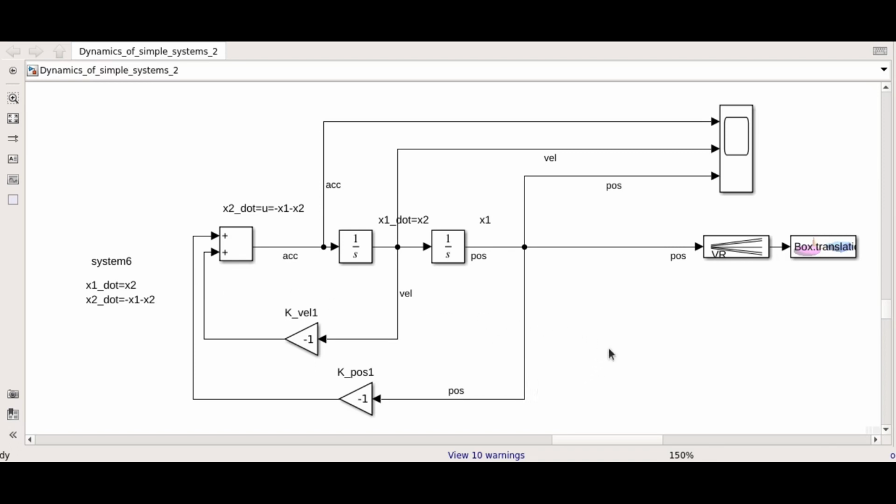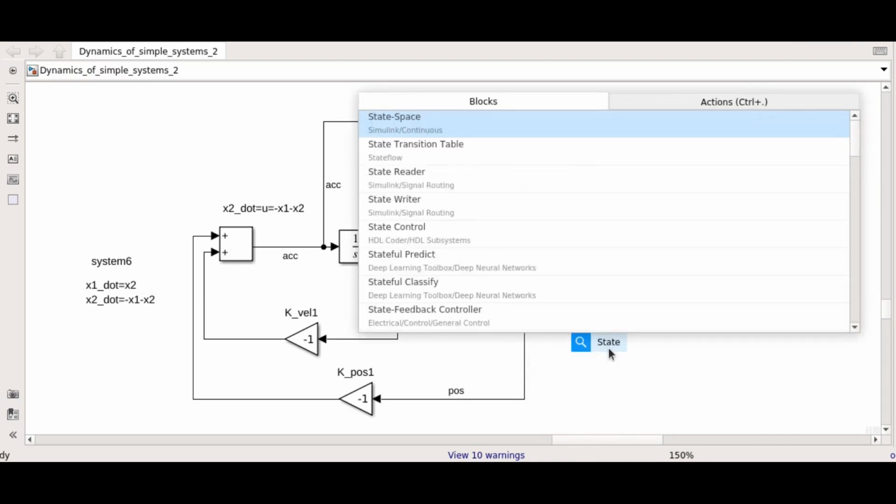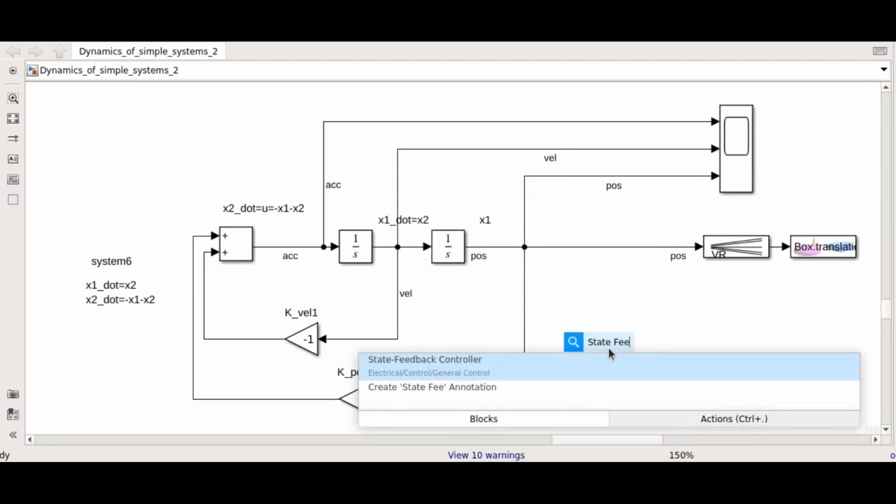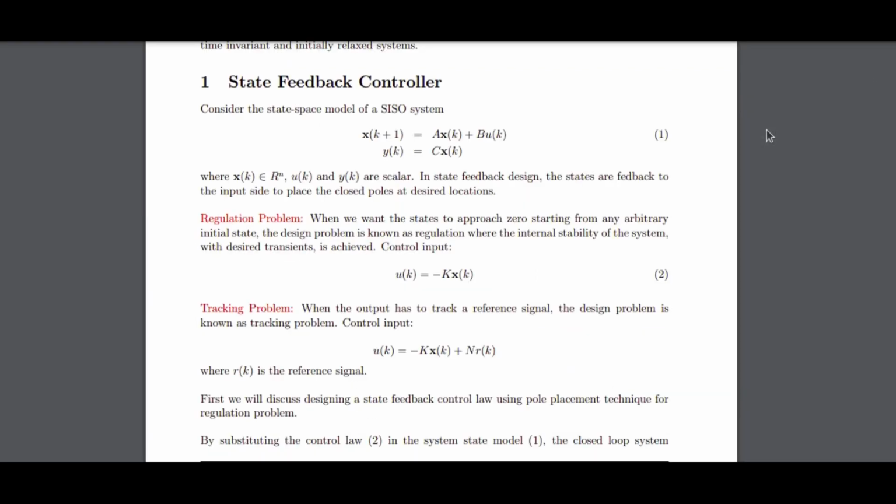The type of problem that we were trying to solve, of taking the states of a system to 0, is a regulation problem. More detail regarding state feedback controller is attached in the document in the link below.